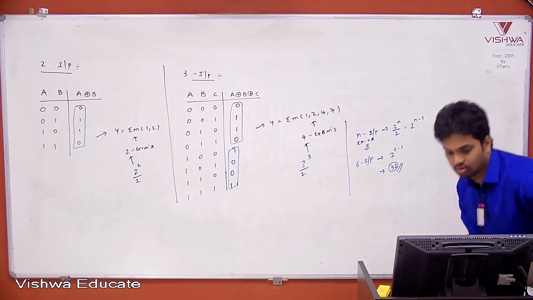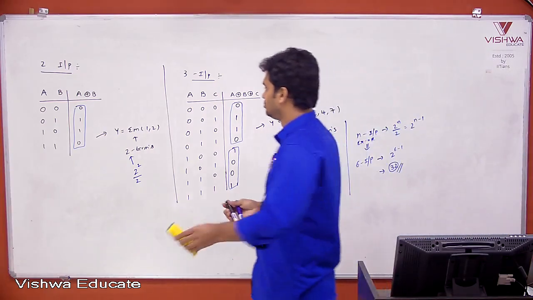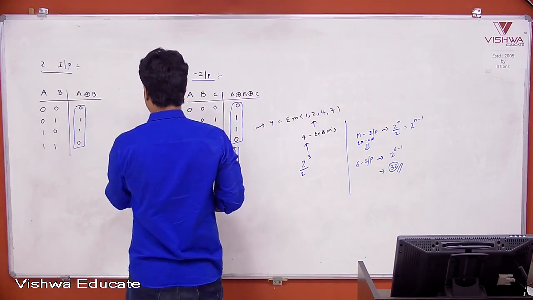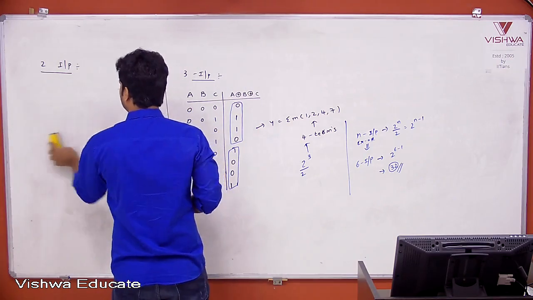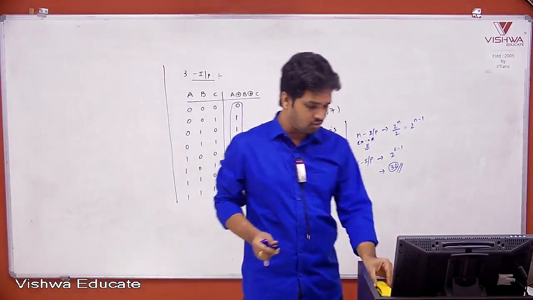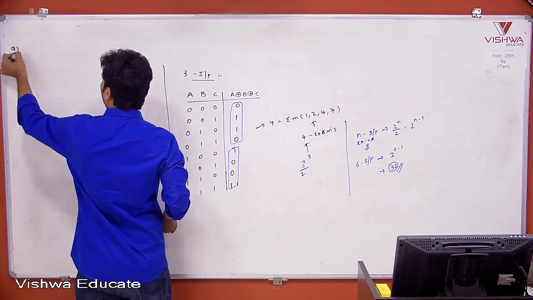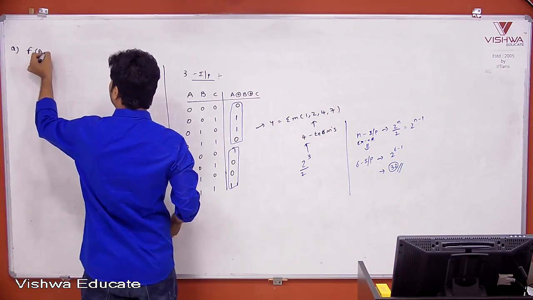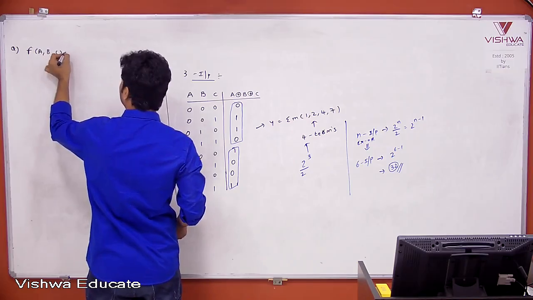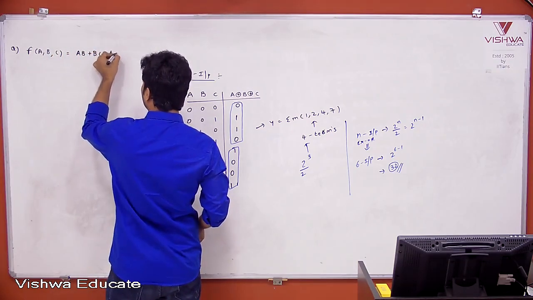Okay. Next question. It is a previous GATE question given in GATE 2015. F of ABC equal to AB plus BC plus AC.